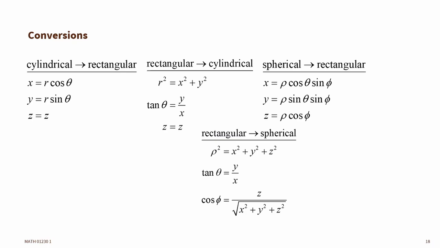And what were the values for phi? 0 to pi as well. You can actually just always take the inverse cosine of both sides. So that last relation you could write as phi is the inverse cosine of that whole thing.